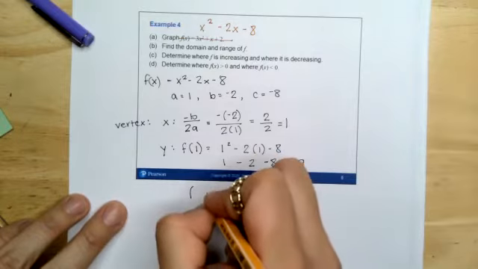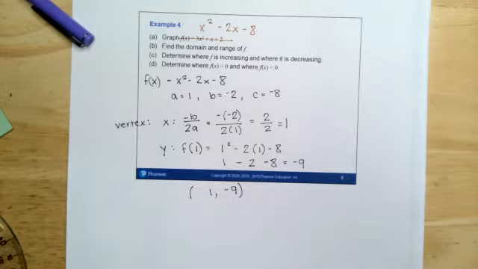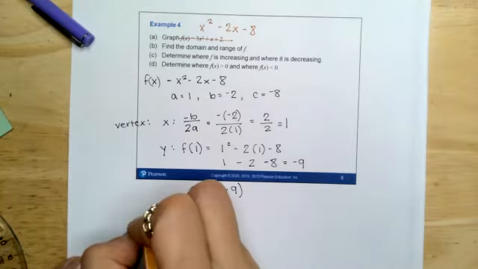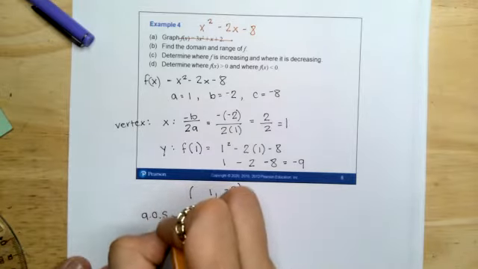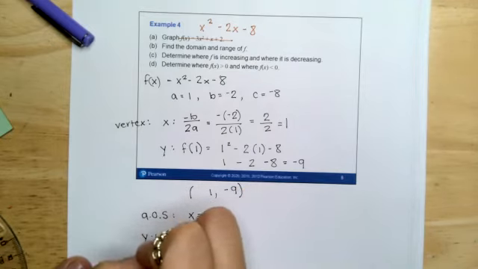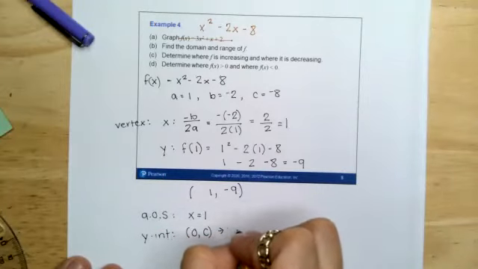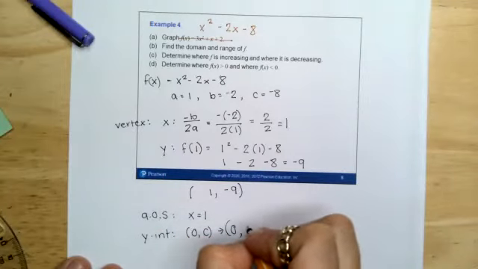So my vertex is at 1, -9. My axis of symmetry is at x equals 1, and my y-intercept is at 0, -8.